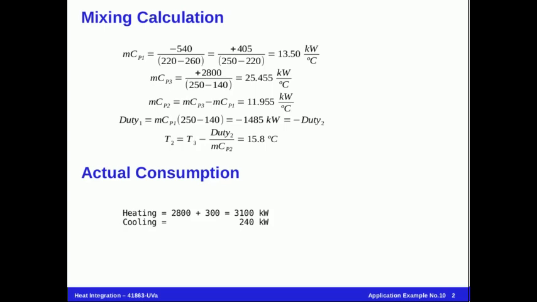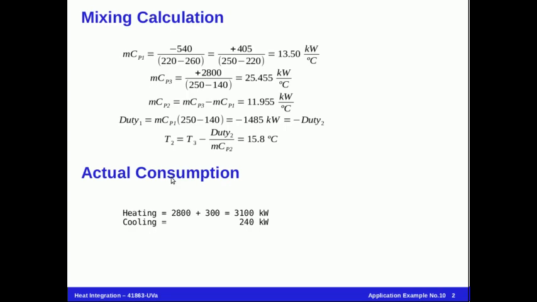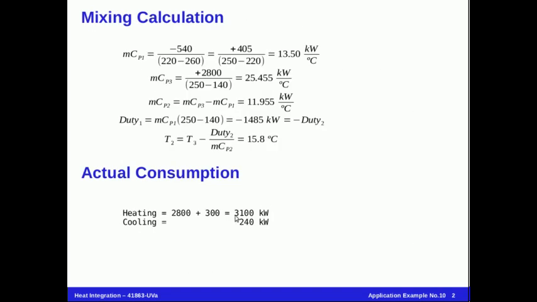As for the current consumption, we have as heating 2800 in the preheater to the reactor and 300 in the reboiler. This makes 3100 kilowatts.